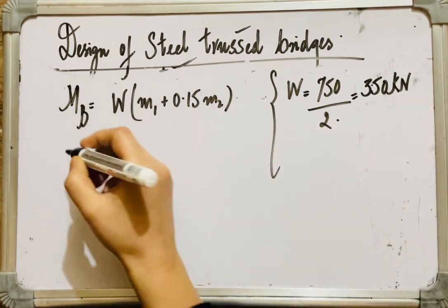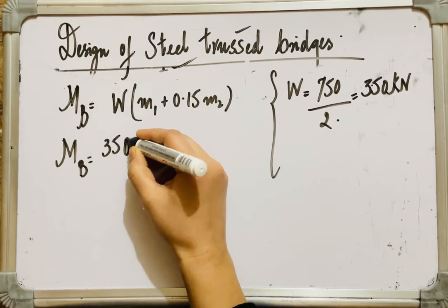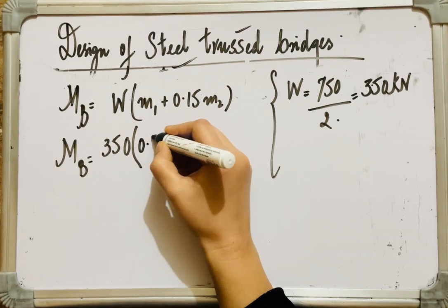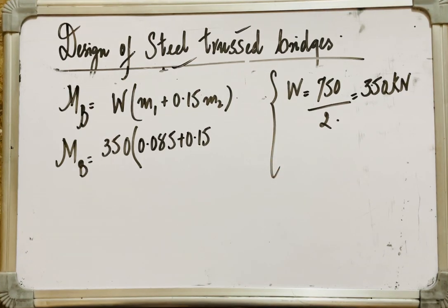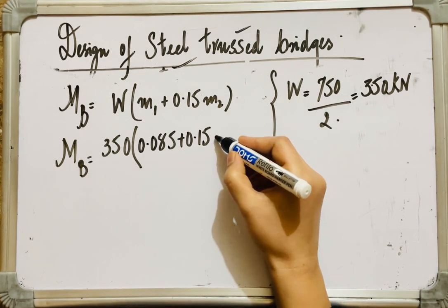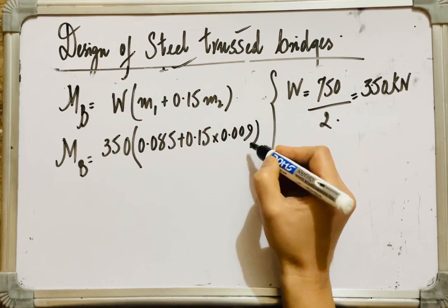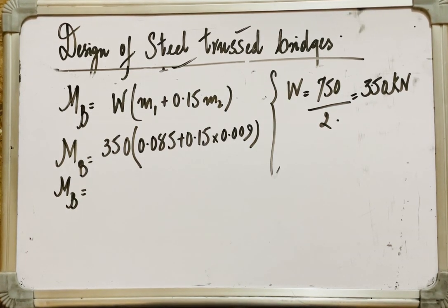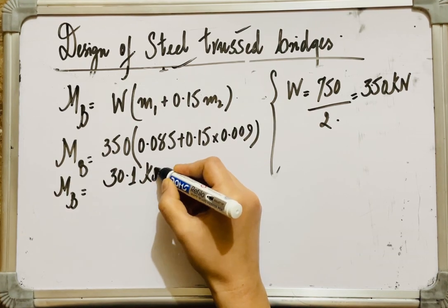All right, so MB is 350 times (my value of M1 from my curve is 8.5 into 10 raised power minus 2, so it is 0.085, plus 0.15 times M2 from my curve is 0.9 into 10 raised power minus 2, so it is 0.009). By calculations, bending moment along short span or along breadth is equal to 30.1 kilonewton meter.